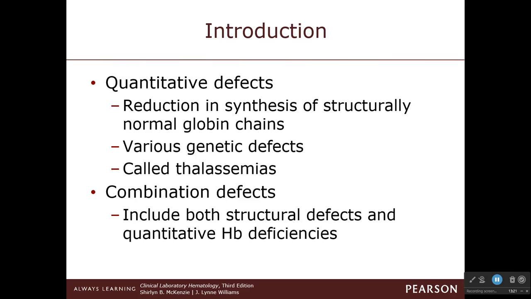So that's one of the things that we'll talk about a little later on, is you can actually have combinations of defects. And we're going to talk about one that's called hemoglobin SC disease. They actually produce hemoglobin S and they also produce hemoglobin C, okay? So that would be a combination of defects in the patient, okay?